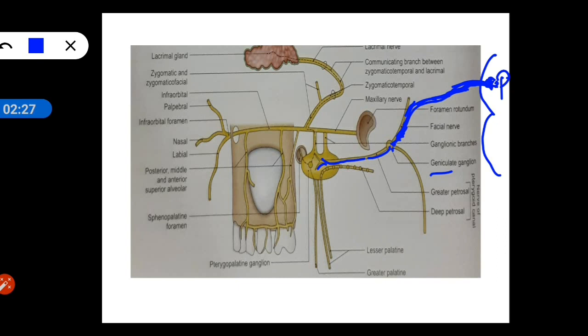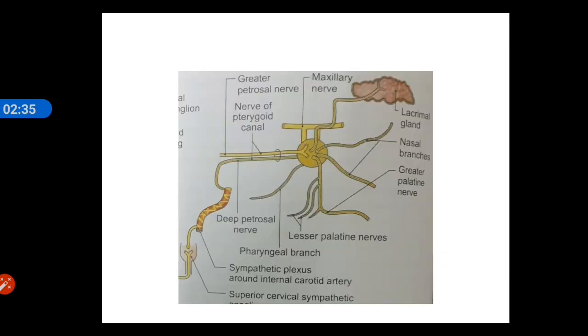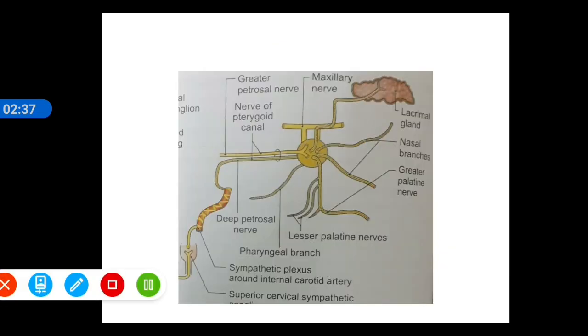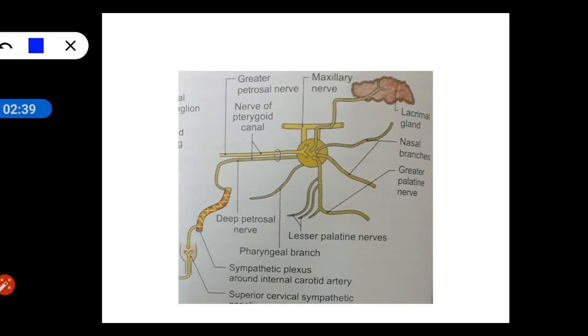Now, what is the nerve of the pterygoid canal or the Vidian nerve? We will see it in the next slide. So, the nerve of the pterygoid canal is here. How is it formed? We will have to trace the sympathetic pathway of the pterygopalatine ganglion for that.